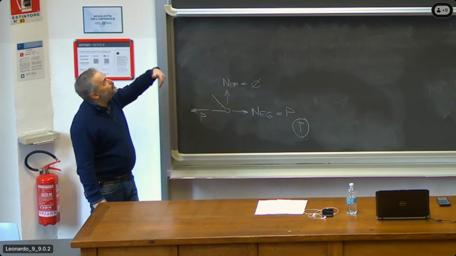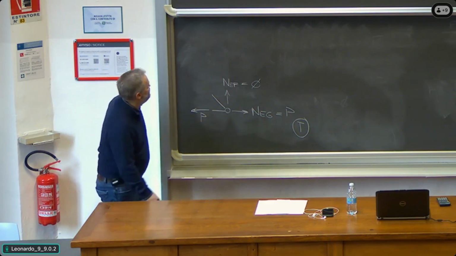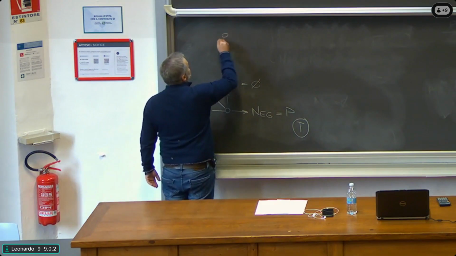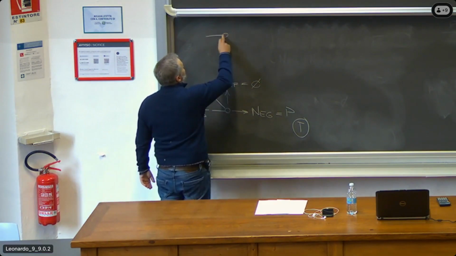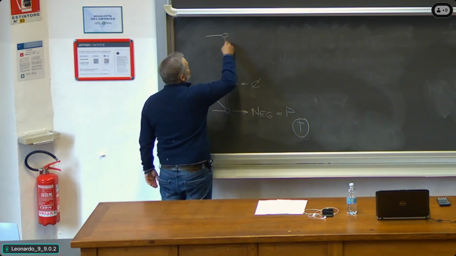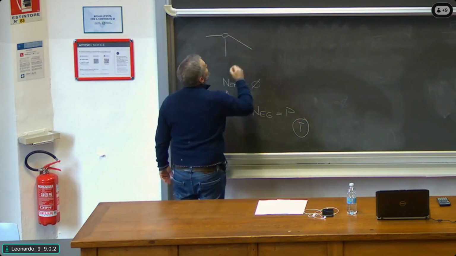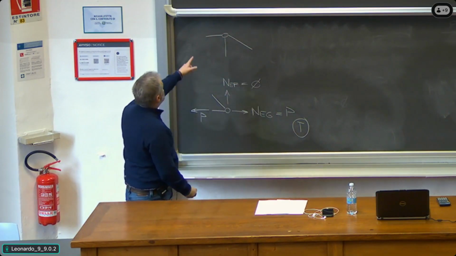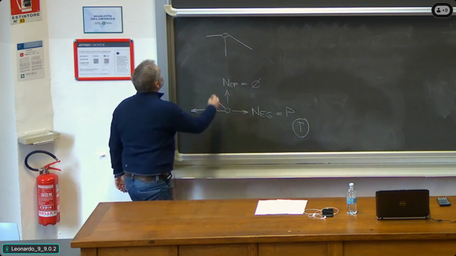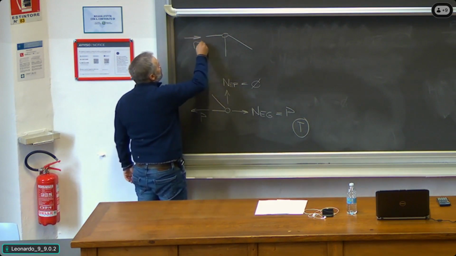And then we go to node F, which is at the top. We have a straight member, we have a vertical member, and we have a diagonal member. Okay? Now, from the straight member at the top, we have P compression.